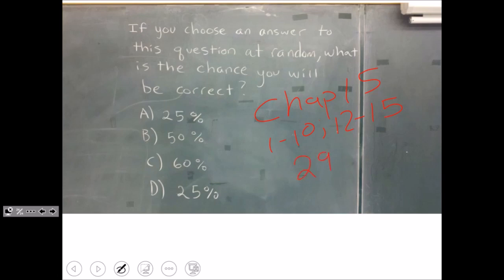Also, you need to attempt that handout I gave you. Again, these handouts I'm giving you, some of these are going to turn around. You might see them again. Okay, so again, one last time, chapter 15: questions 1 through 10, questions 12 through 15, and question 29.